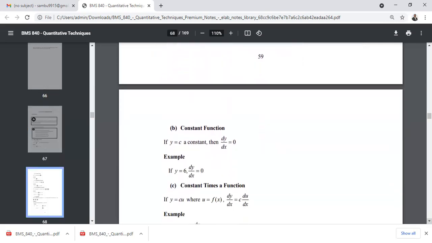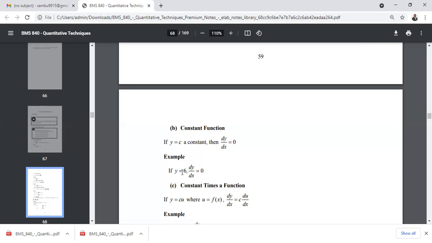The second rule is for constants. If you differentiate any constant, you're going to get 0. This is because behind this constant, we have an x raised to the power of 0. So I drop the 0, multiply by the constant, and get 0. For example, if y is equal to 6, it's the same as y is equal to 6x raised to 0.